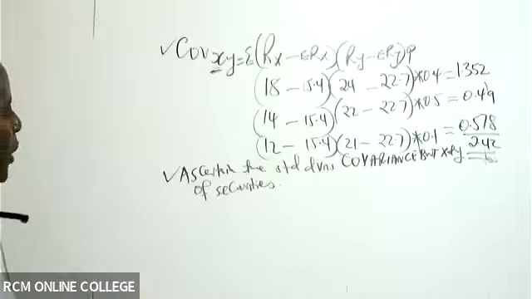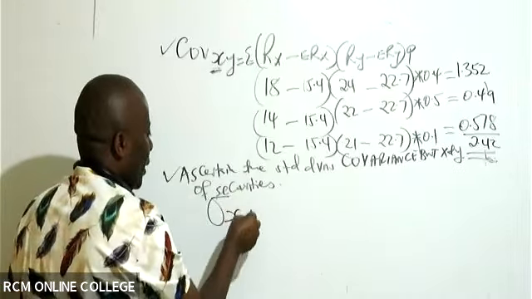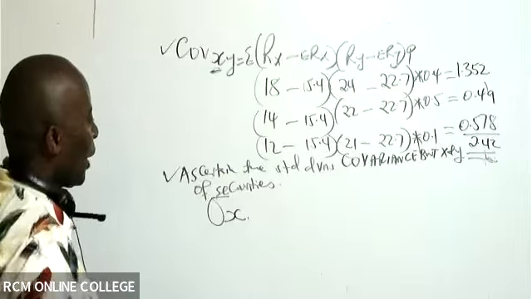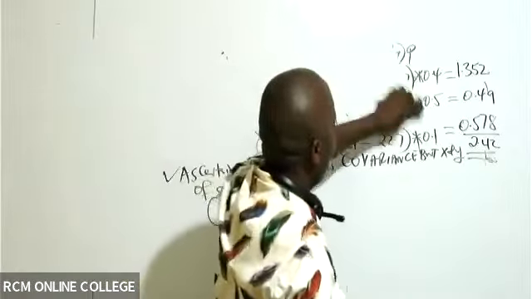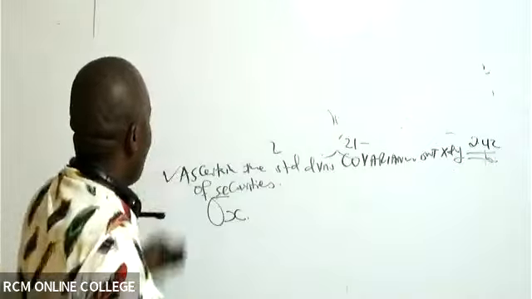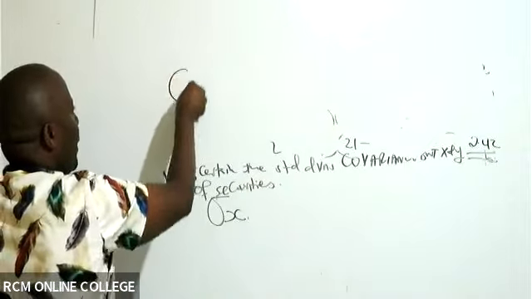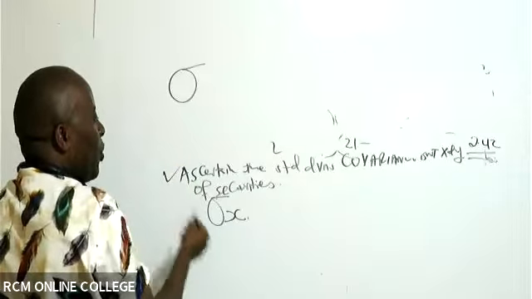We shall start with the standard deviation of X. Professionally, how do we write standard deviation? You write a 0 and then you pull a small tail.